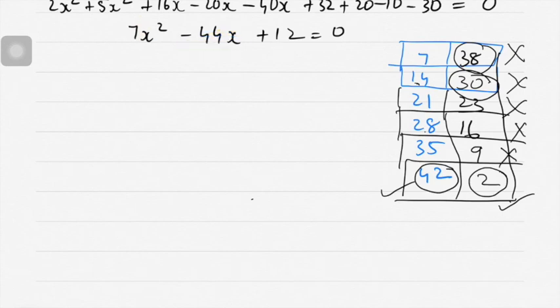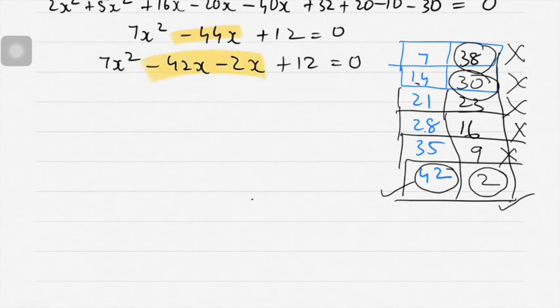So 7x square minus 42x minus 2x plus 12 is equal to 0. Instead of writing minus 44x, I have written minus 42x minus 2x, because minus 42 minus 2x is minus 44. Right?